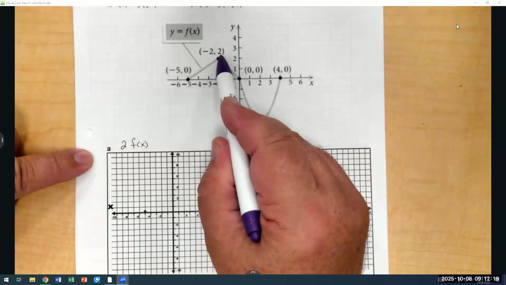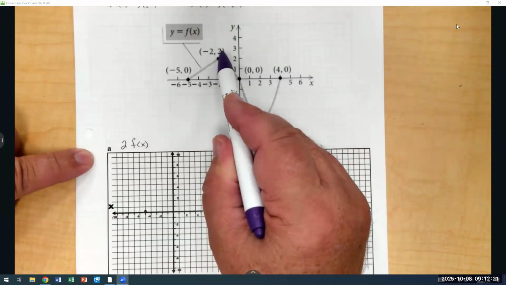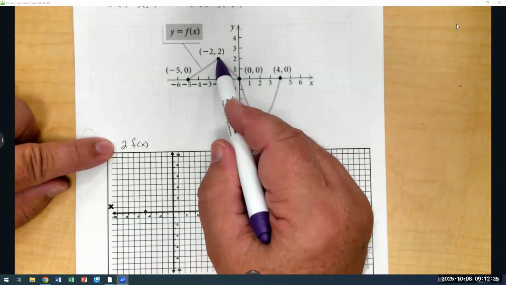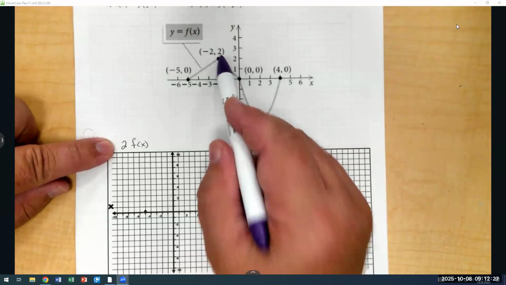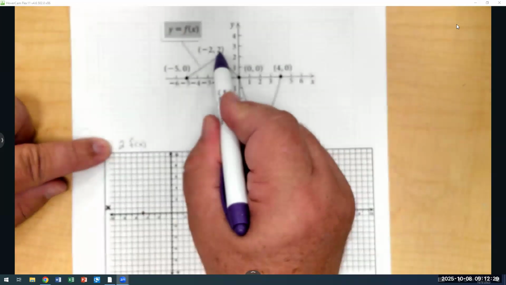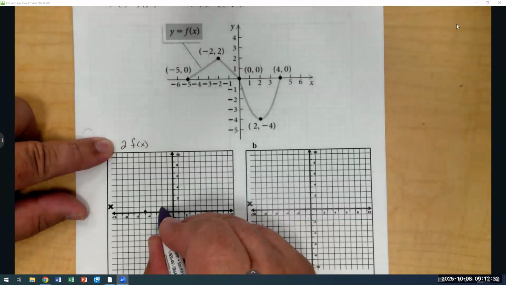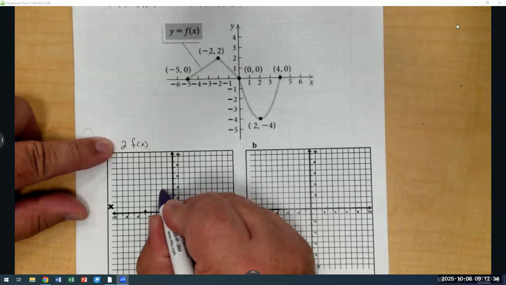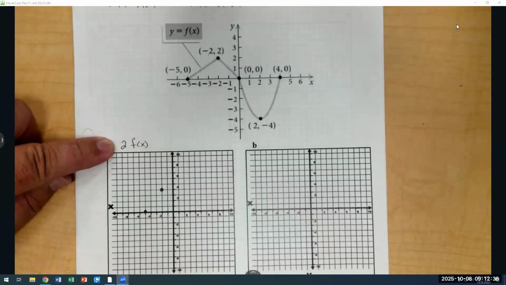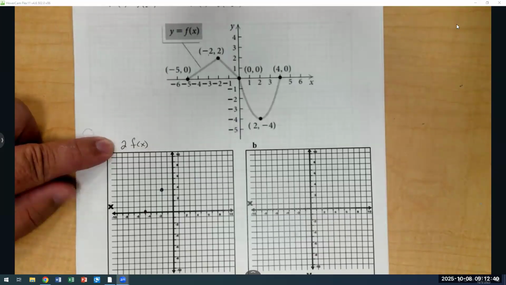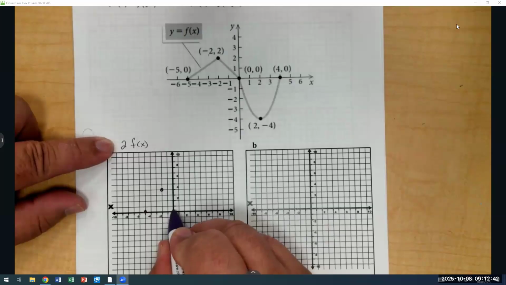How about negative 2, 2? What does this tell me to do? So it's negative 2. 2 times 2 is 4. So now I go from negative 2, 2 to negative 2, 4. 0, 0 stays there.